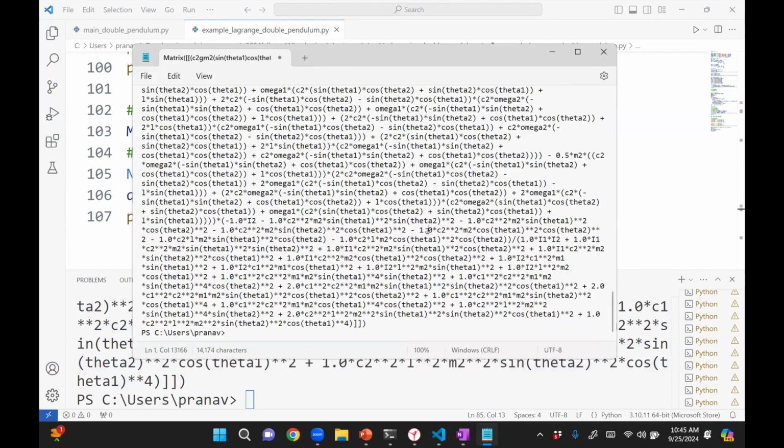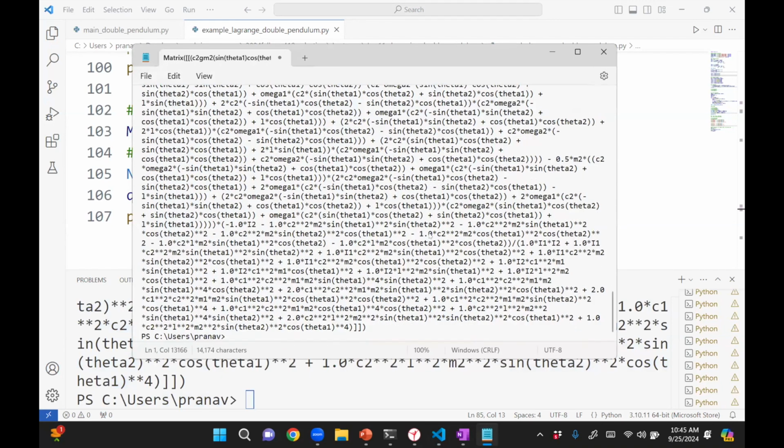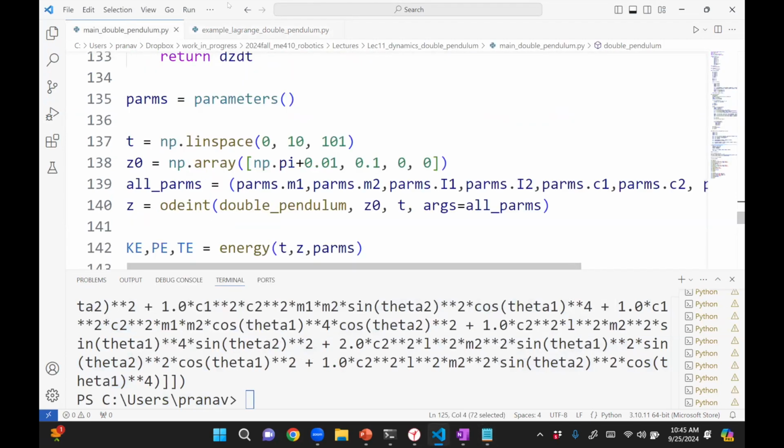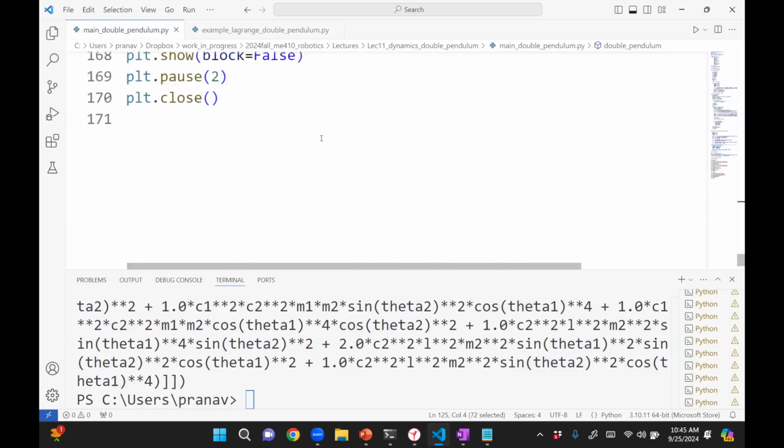So this is how the equations of motion look. Pretty long. So we don't really do that, right? We only save the mass matrix, the M term.